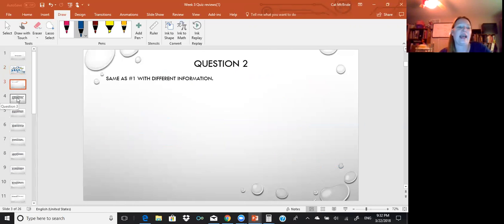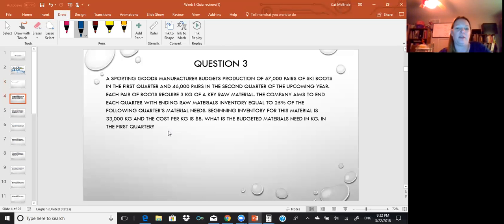The next one is exactly like it with different numbers, obviously. Okay, so let's look at the end, see what we need to do. What is the budgeted materials needed in kilograms in the first quarter? So we have to know what materials we need in the first quarter. I know I'm going to need quarter 1, and I'm going to need quarter 2.